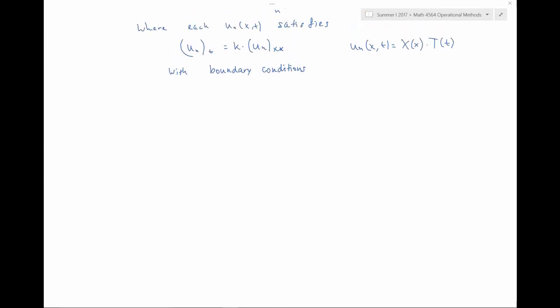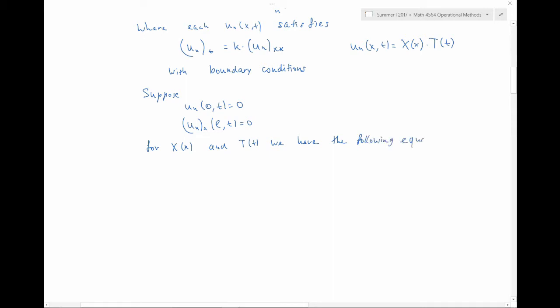For the purpose of clarity, let's consider the first case. When we have a 0 temperature at the end x equals 0 and 0 flux at the end x equals L, then according to separation of variables, for X(x) and T(t) we have X double prime plus sigma times X equals 0, with X(0) being 0 and X prime(L) being 0.